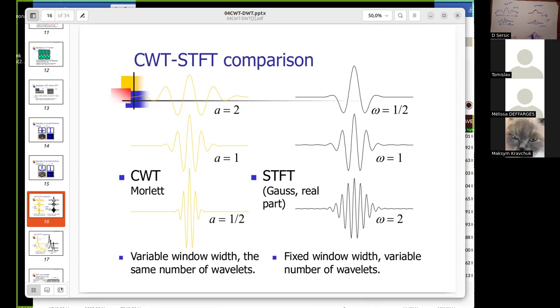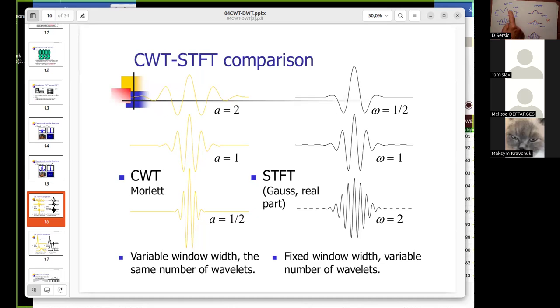These guys were all the same size, and this guy will be shorter, 2 times shorter. You have something which is actually the same, only expanded or compressed. So this is the basic difference.